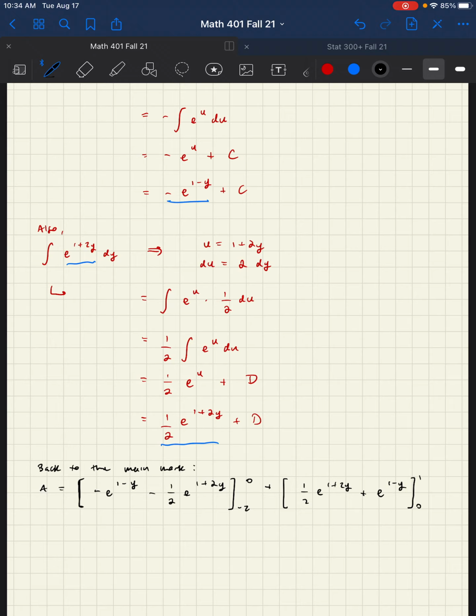Okay, and then you plug in your limits of integration, you're going to get a whole nasty mess. I'll go ahead and do that work here, but you can skip ahead or work this out on your own if you want to.